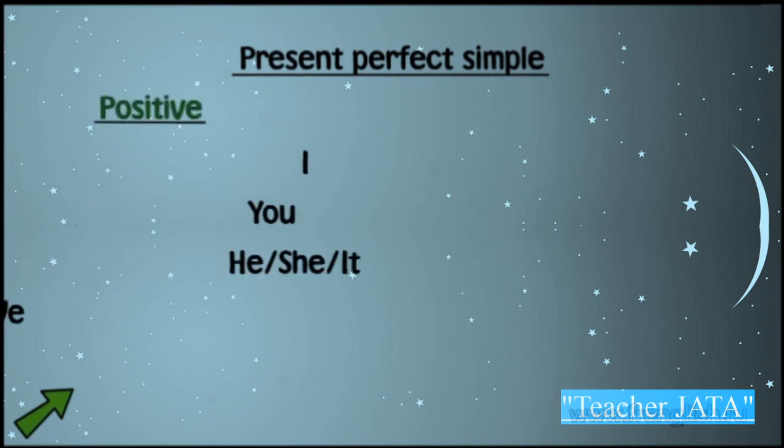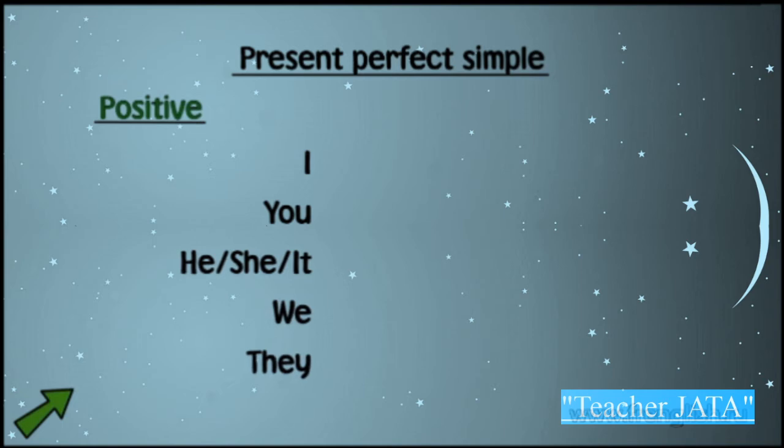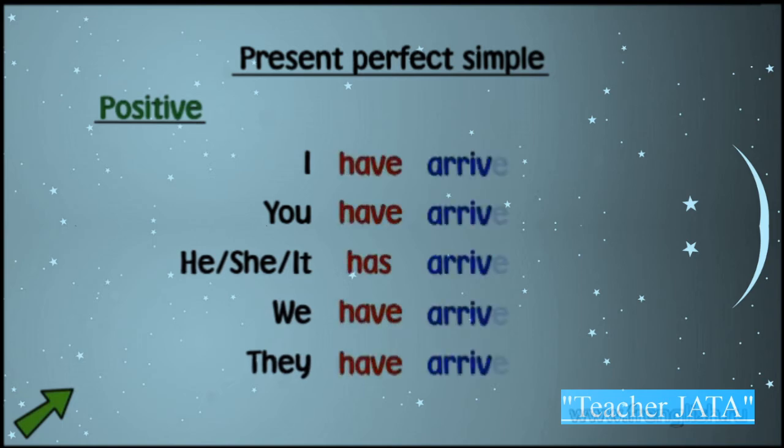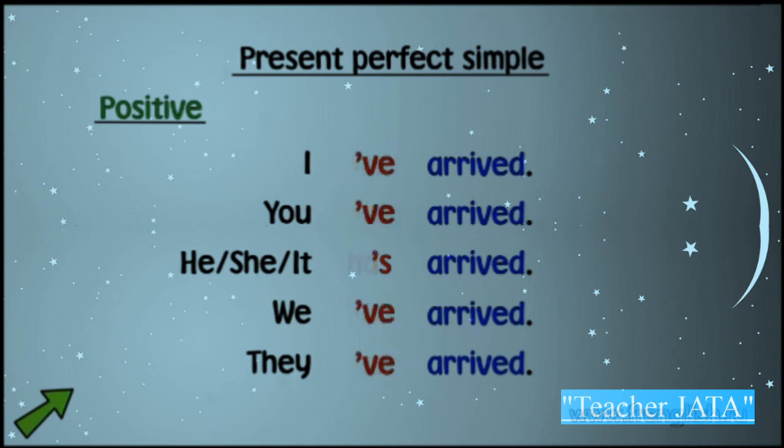We form the present perfect with have or has and the past participle form of the verb. In spoken English, we usually use the short form of have and has.